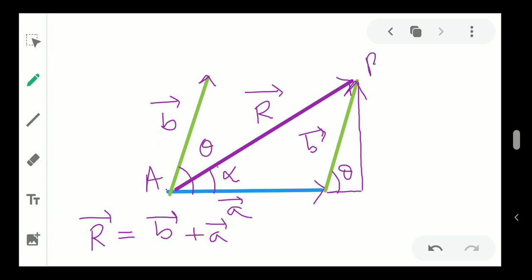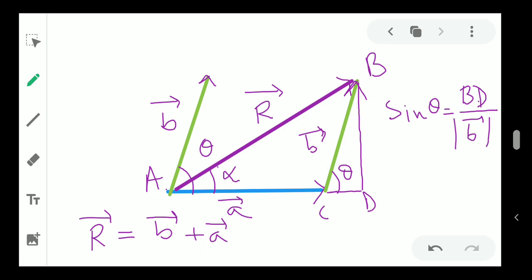I'm giving the names A, B, C, D. So what is my BD? Let's apply sine theta first. Sine theta is perpendicular by hypotenuse. What is the perpendicular here? BD. So BD by hypotenuse, that is the value of the B vector.